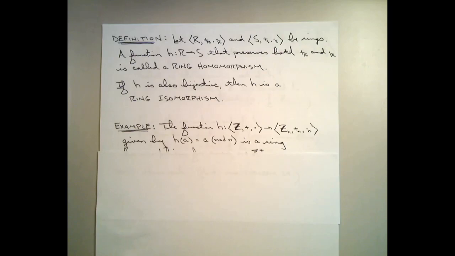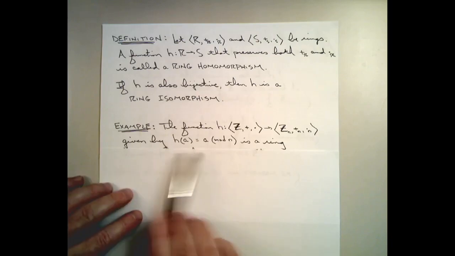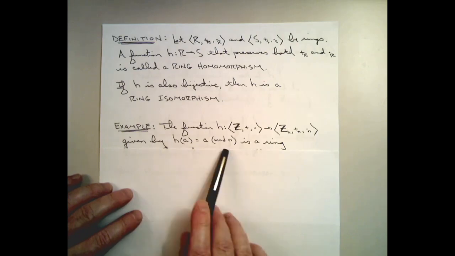So here's another example, a more general one. Let's look at the function from Z to not Z2 this time, but, well, it could be Z2, but Zn for any positive integer n. And we're going to define our function to send a to a mod n.